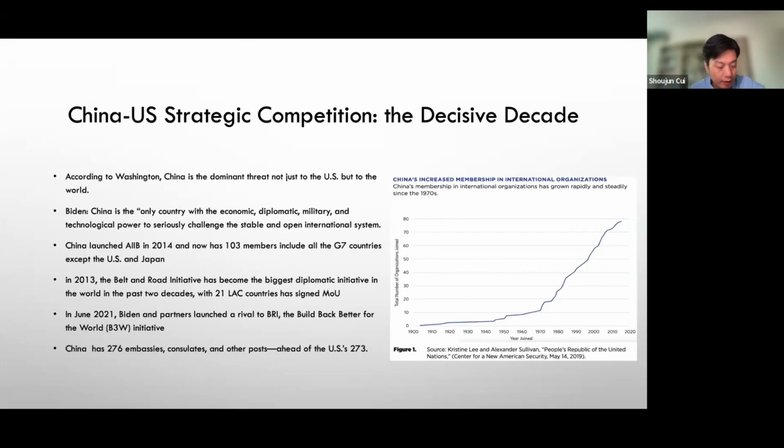You can see the recent visit of the Speaker of the House of the United States, Nancy Pelosi. She visited Taiwan, caused a lot of tension, and China unveiled a massive military exercise around Taiwan Island. So they caused a lot of tension.